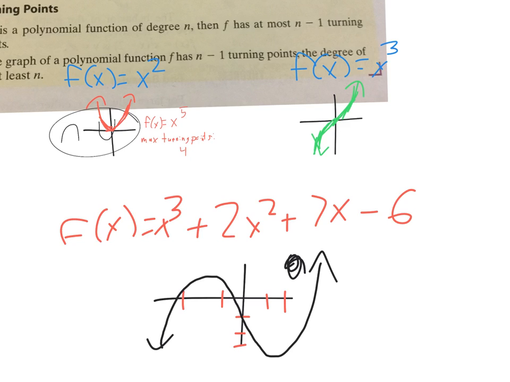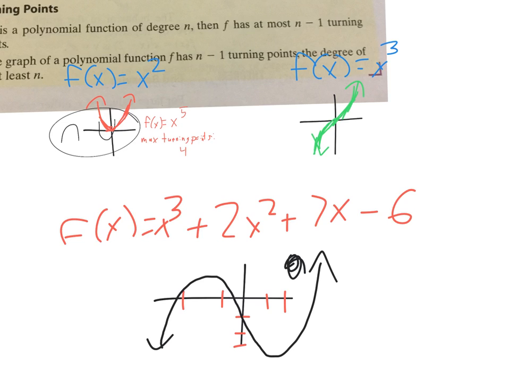The graph could look something like this for an x to the 3rd, where I've got the 2 turning points. You see them? So x to the 3rds do not always have 0 turning points. They're allowed to have up to 2. But if it turned again, it could not be x to the 3rd.